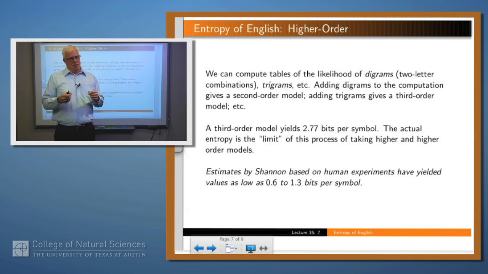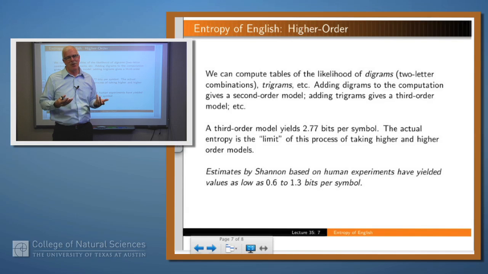Now, how far can you carry out this process? Well, until you run out of steam or energy. No one actually knows what the entropy of English is, because there are so many factors that go into figuring out these probabilities.